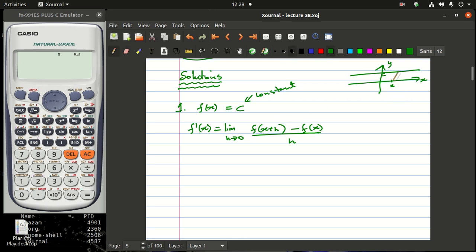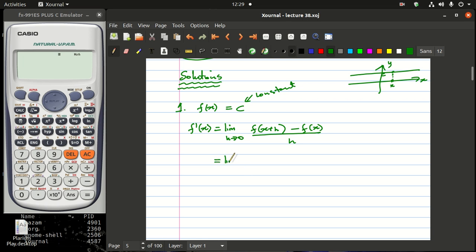So when I pick some h, in other words, I add some h so that I get a value very close to x, the output of that function is always going to hit this value, which is c.